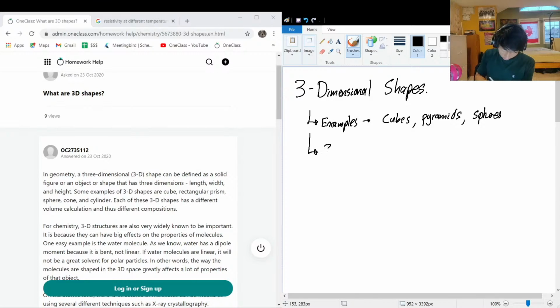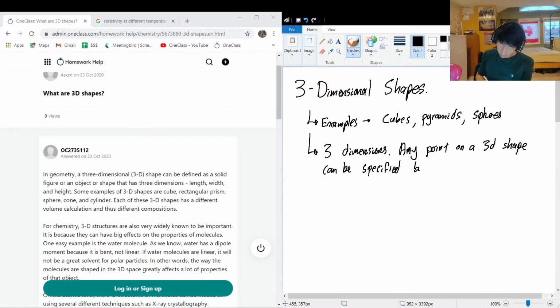dimensions. Any point on a 3D shape can be specified by a 3D vector.